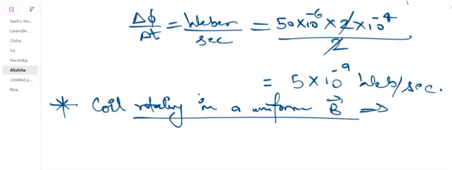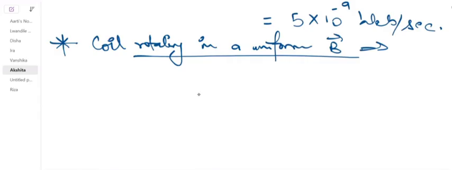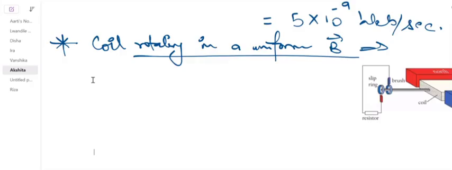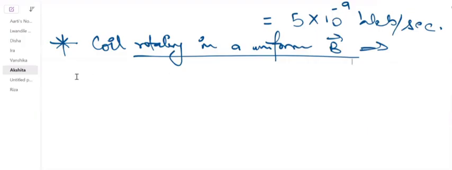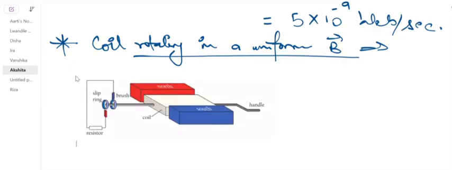A coil rotating in a uniform magnetic field. So basically here is the coil which is rotating in a uniform magnetic field.